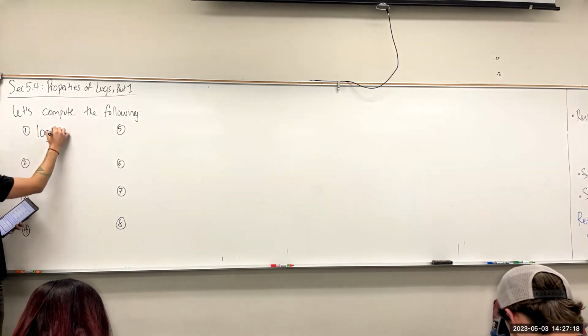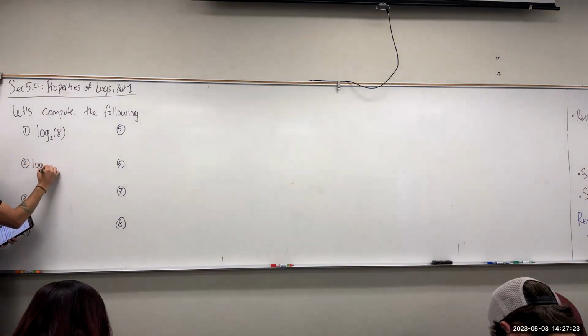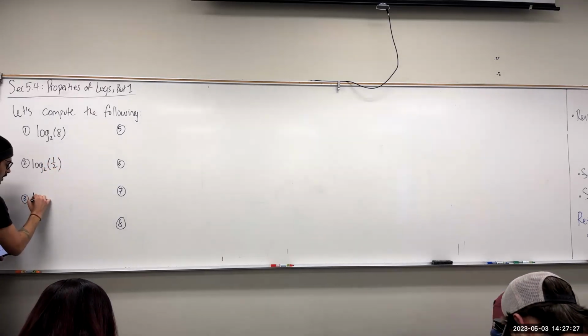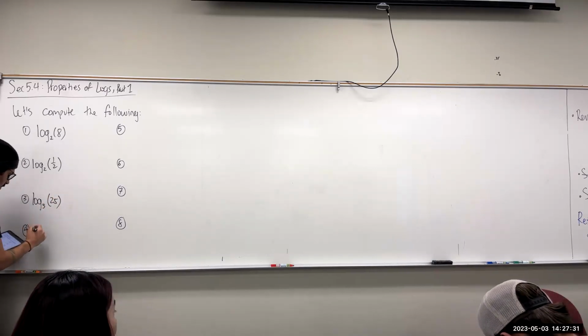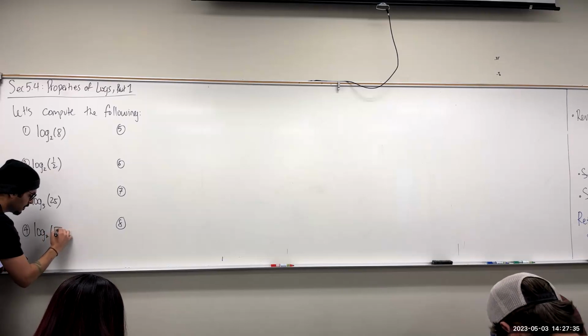It's gonna be log base 2 of 8. Then log base 2 of 1/2, log base 5 of 25, log base 7 of square root of 7.